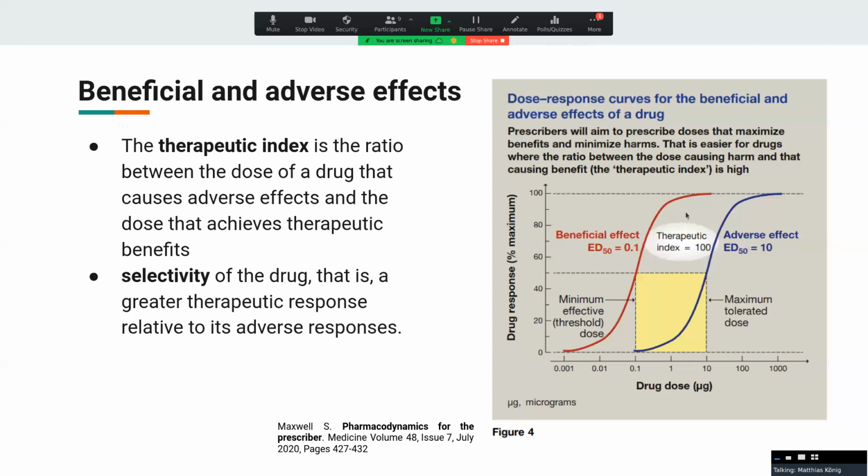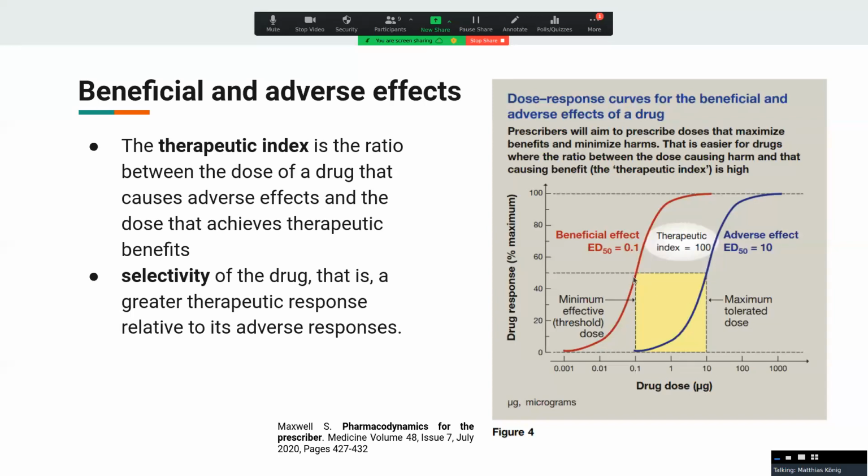Yeah. An important concept here is the therapeutic index, and this is basically the ratio of these ED50 values. So it's the ratio of the half maximal values. If you divide, here the adverse effect would have a half maximum potency of 10 micrograms. 10 micrograms, it's not a concentration but a dose.